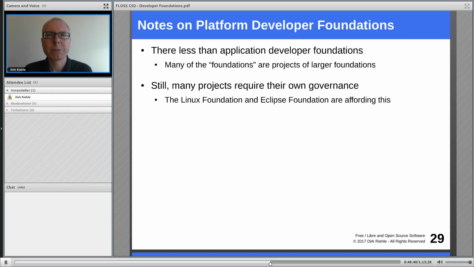Officially, it's a project, but some lightweight form of foundation under the hood of the Linux Foundation or the Eclipse Foundation with their own governance. So now both of these, Linux and Eclipse Foundation, allow projects to have their own modified governance to deal with the peculiarities of their project and their domain.